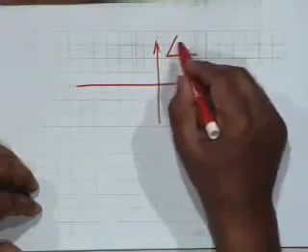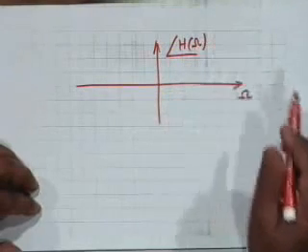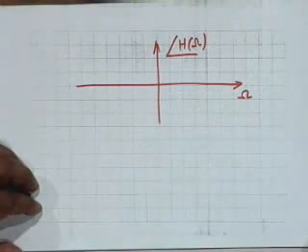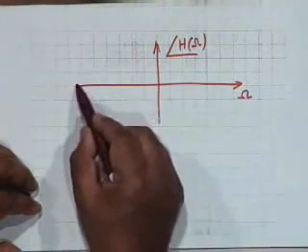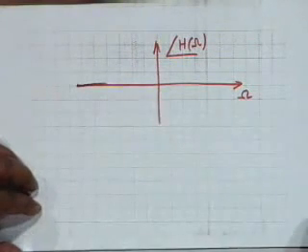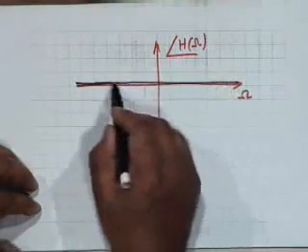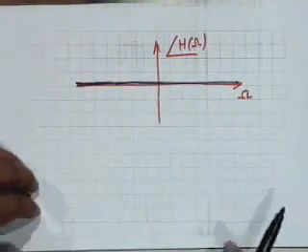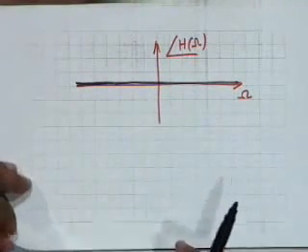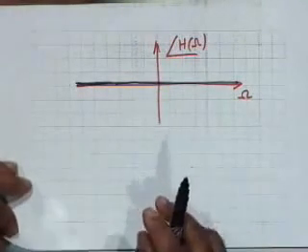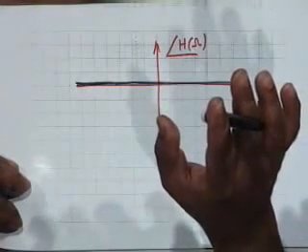Capital omega, angle of H of omega. How do I show the phase? I can say it's 0 everywhere, or I show by a different color. So we don't have different colors, sir. Why don't you have different color? Bring a red pencil, red pen or something. You must show it. Pen is not a red pen, sir.